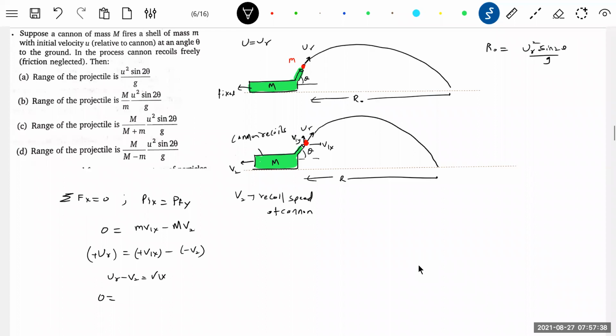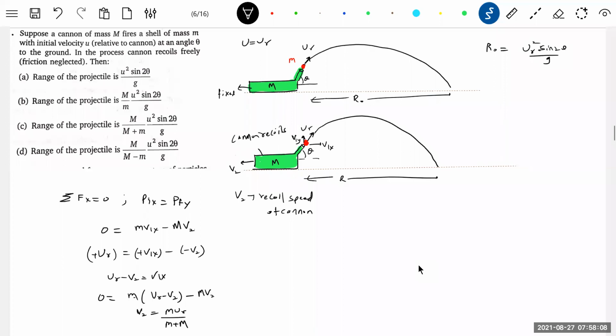Let me go for replacement of v2. v2 will be ur minus v1x. I think straight away you could have written this is the recoil speed of the cannon. Now shall we calculate v1x, because that is what is going to help us.